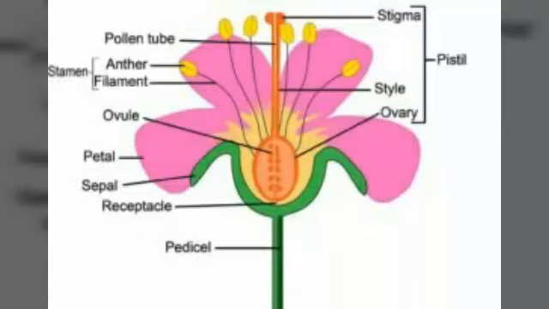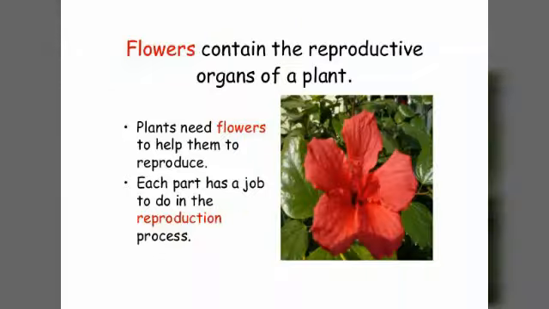What is the function of the sepal? Sepals bind all the parts of the flower. And what is the function of the petal? Petals are colored, so they help in attraction of insects for pollination.